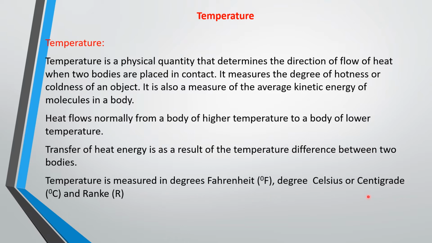Temperature is also measured in Kelvin. So temperature is the degree of hotness or coldness of a body, and as I said, it is a physical quantity. Is that okay? Alright, so we are going to look at instruments that are used to measure temperature.